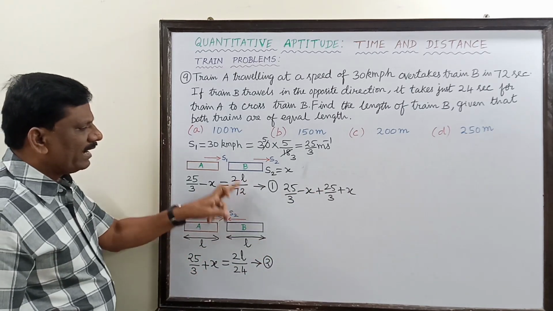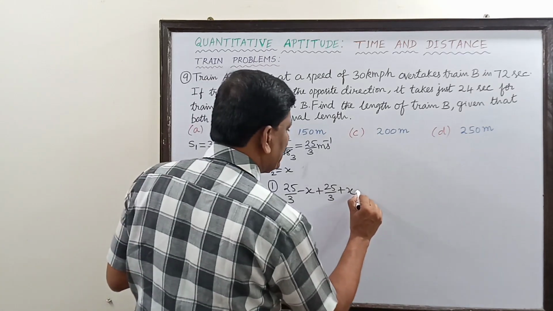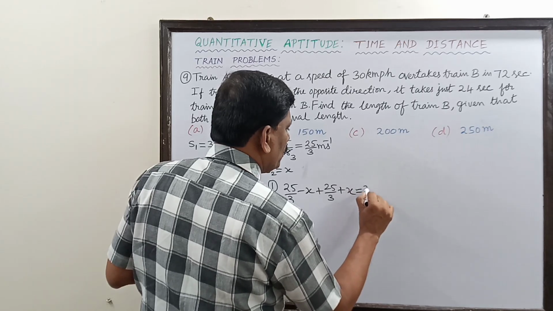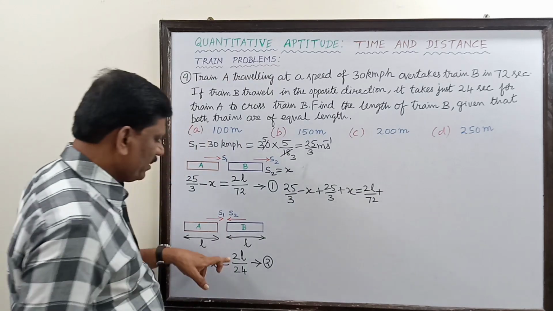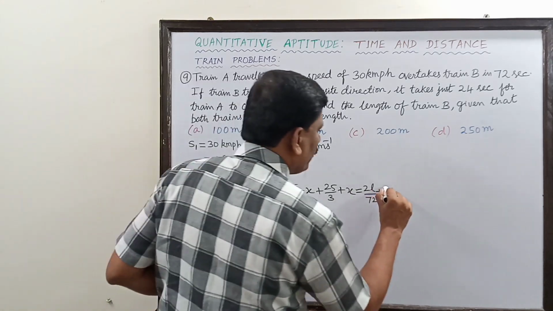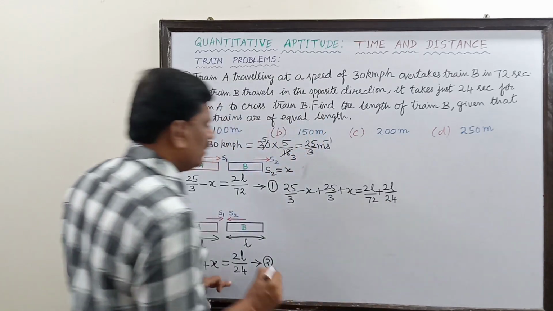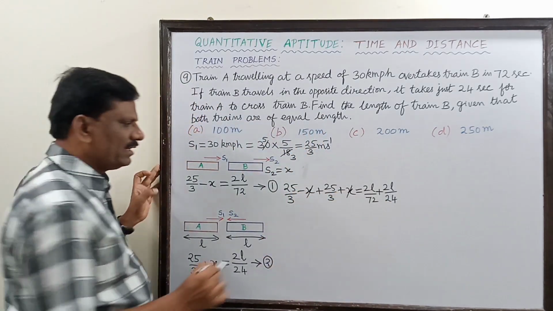So what will happen when I add on the right hand sides? It is 2L by 72. So this is equal to 2L by 72 plus 2L by 24. Now this minus and plus x get cancelled.